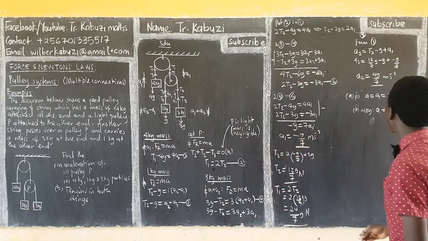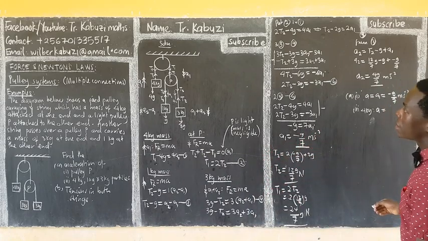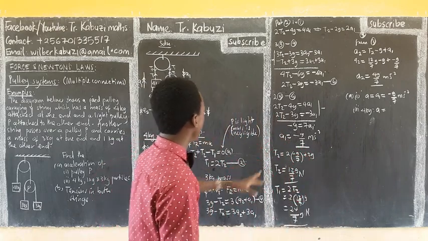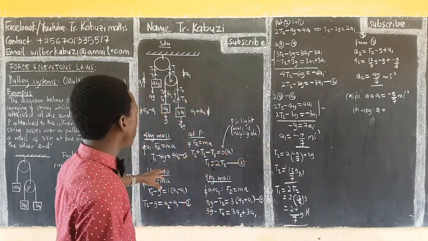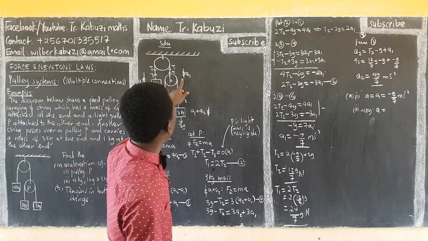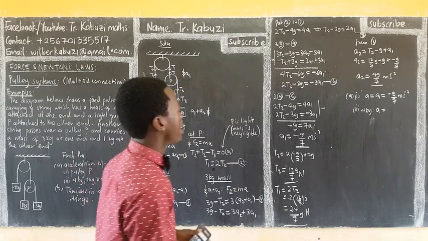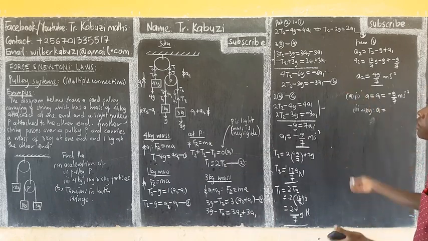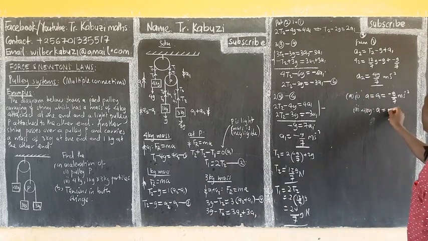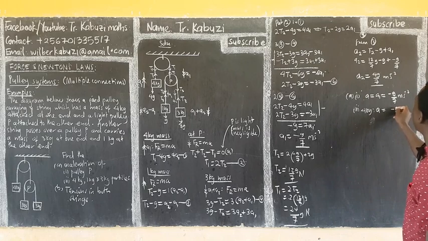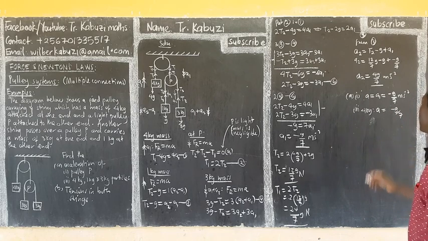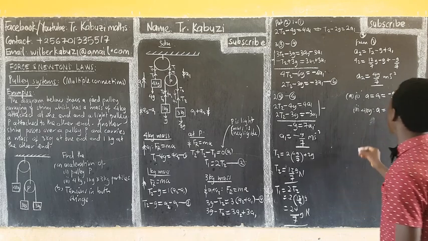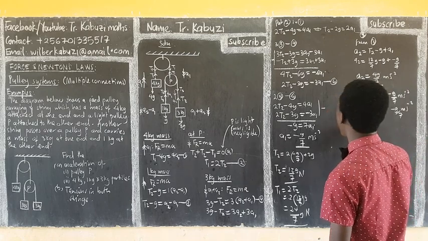So our acceleration there is going to be, the one we considered, A1, you see it was going the other way around. So negative means it's going the other way around. So it's going to be negative b over 7, which we can take as a positive. So this shows we consider the direction opposite to what we had considered.